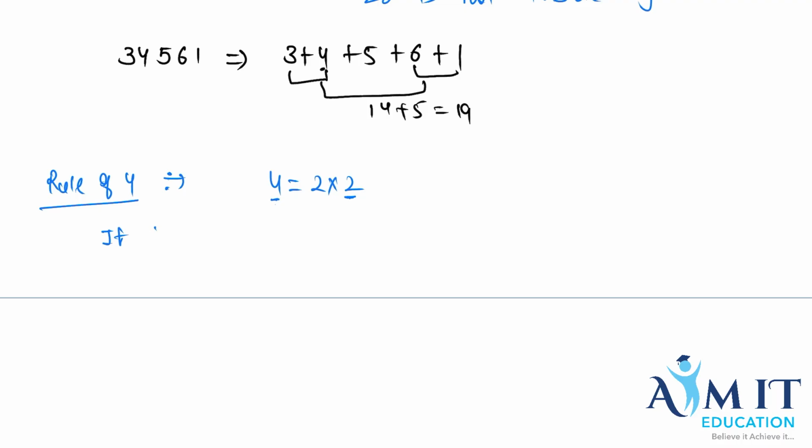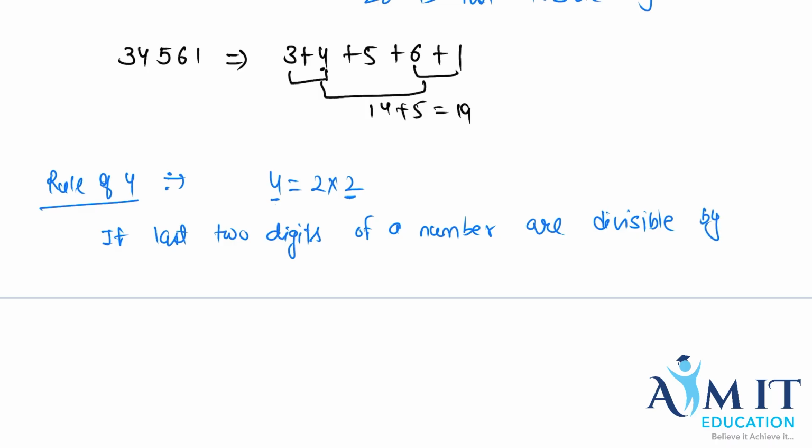So if the last two digits, only the last two digits, of a number are divisible by 4, then the complete number is also divisible by 4.